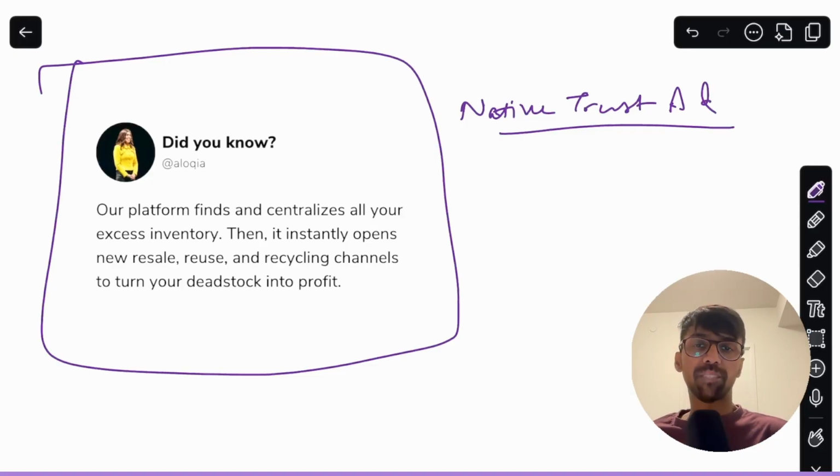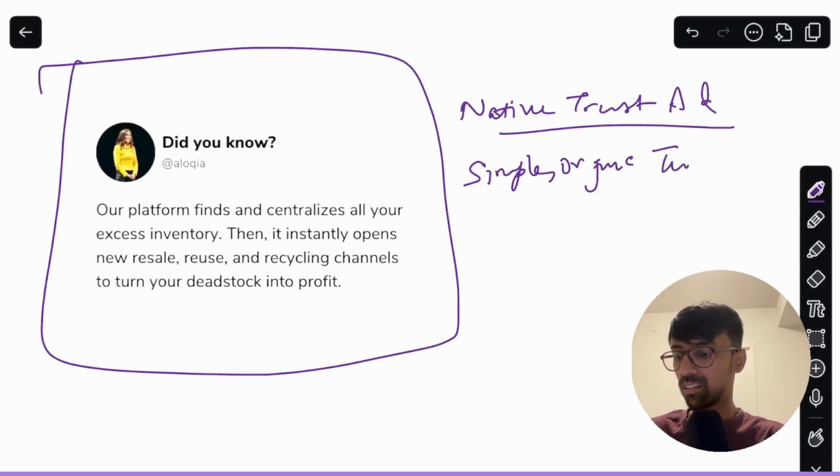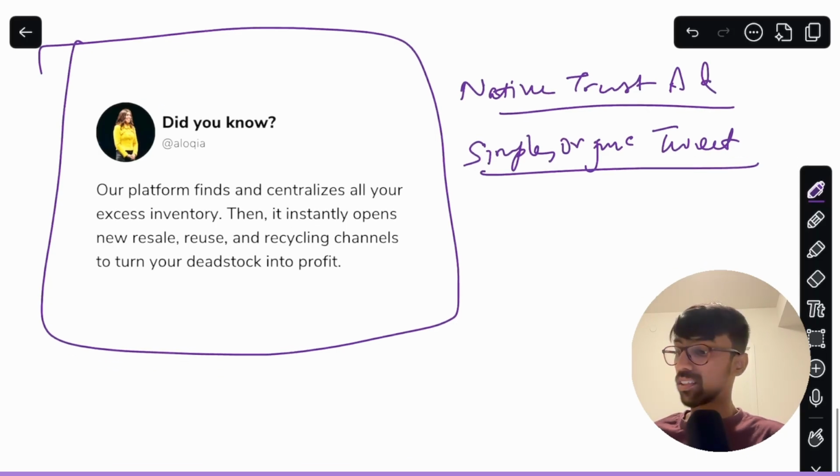It's different from the other three that I showed you because it doesn't look like an ad. It's a simple organic post or tweet. So it bypasses our natural ad blindness.